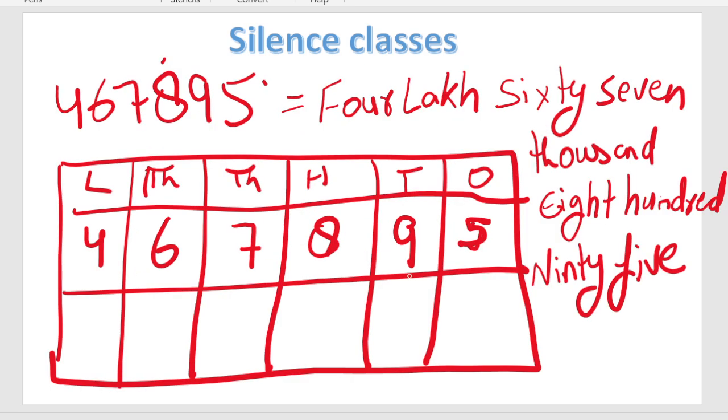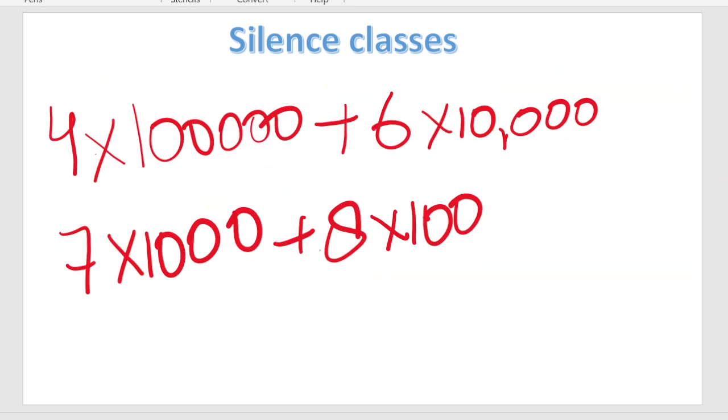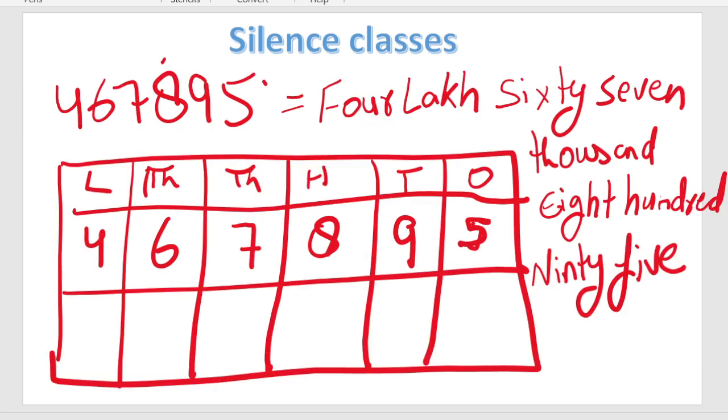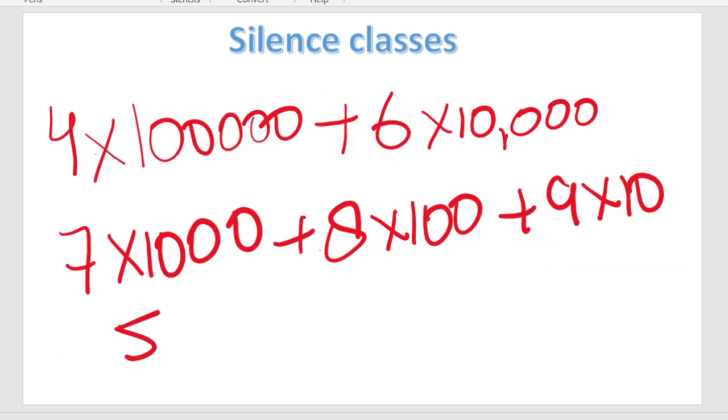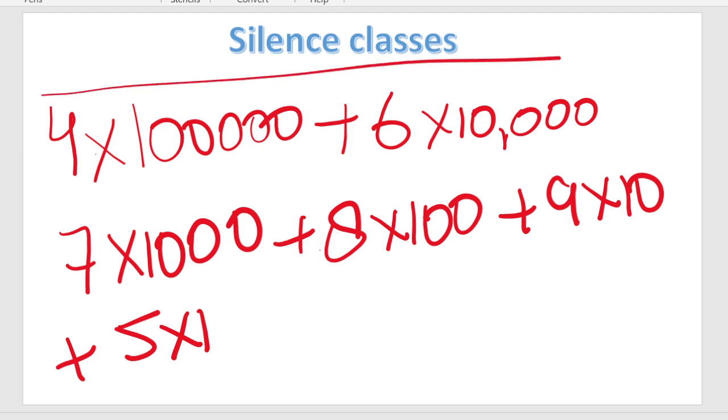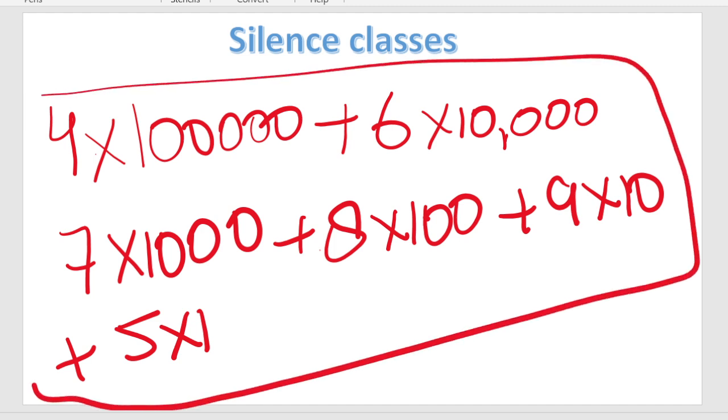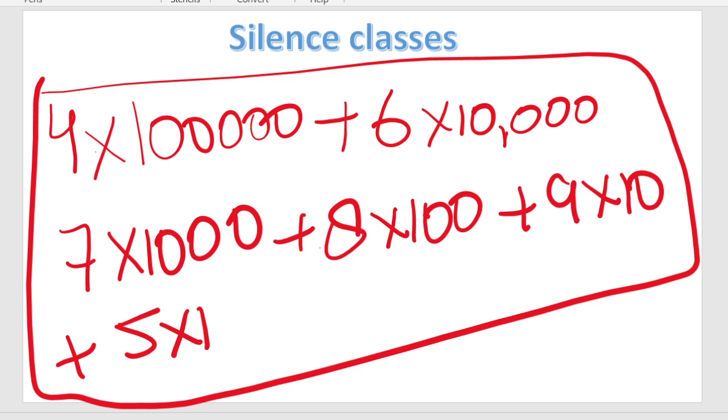Now 9 is in the tens place, so plus 9 multiplied by 10. And 5 is in the ones place, so plus 5 multiplied by 1. This is the expansion method of the given number.